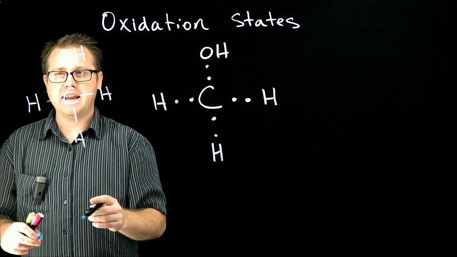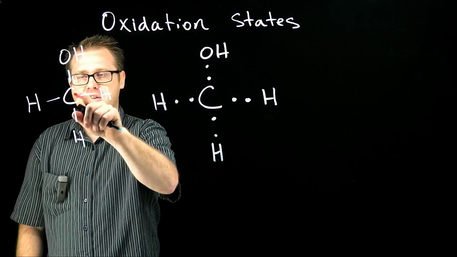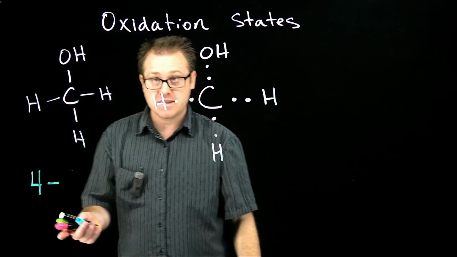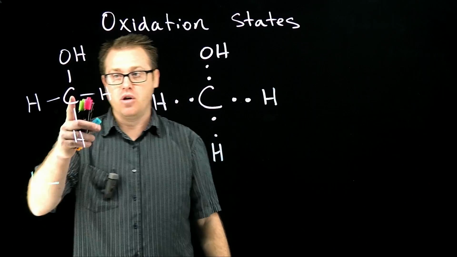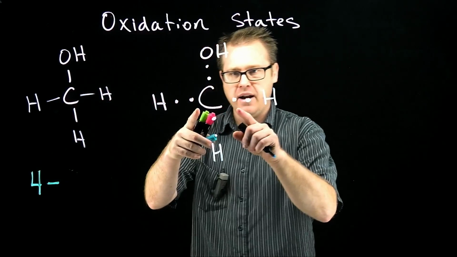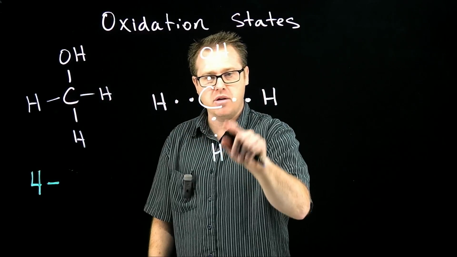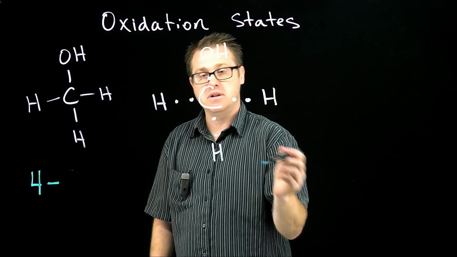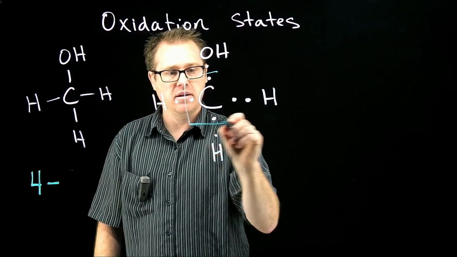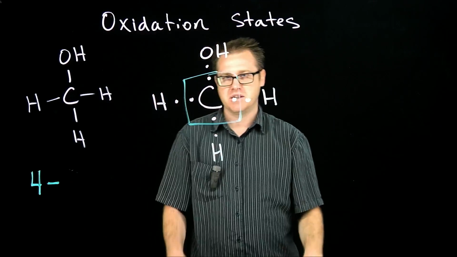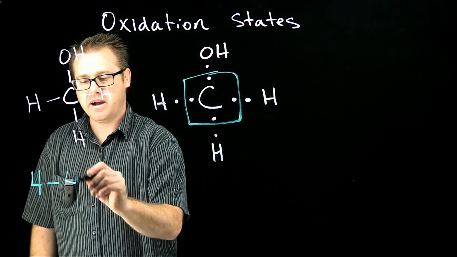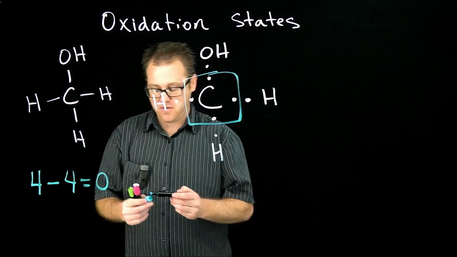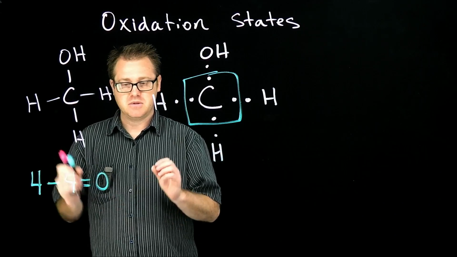We go to the periodic table and ask how many valence electrons carbon has. It has 4. Then we subtract how many electrons the carbon owns. They're sharing these 8 electrons, so it technically only owns half of those. It owns those 4 because it's sharing the other 4. So 4 minus 4 equals 0. That carbon atom would have a formal charge of 0.